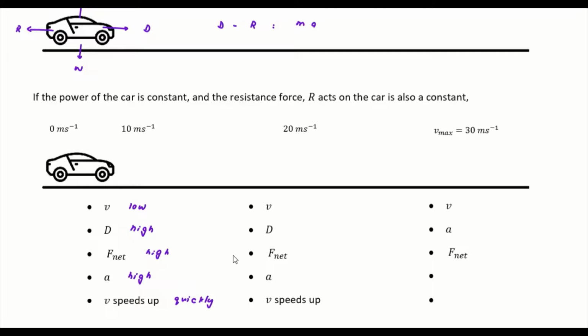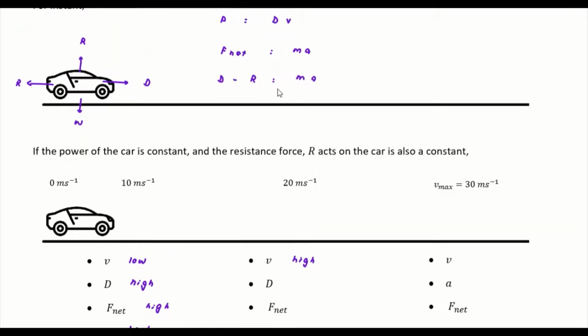Okay, now let's see what happens if the car continues to move with the same power, but now the velocity has increased until 20. Compared to 10, V has become higher. Am I right? When V becomes higher, the car still has to provide the same power, but then your driving force will become low.